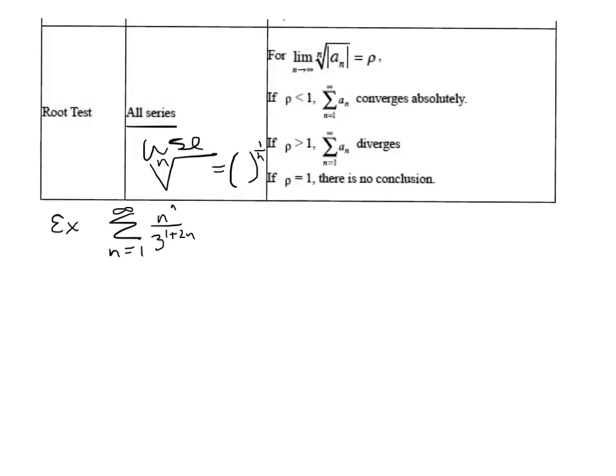What this test says is that I'm going to take a limit as n goes to infinity of the absolute value. Now, there's no negative 1 to the n in here, so I don't even have to worry about it anyways. Of our whole a sub n, and then I'm going to raise that to the 1 over n.